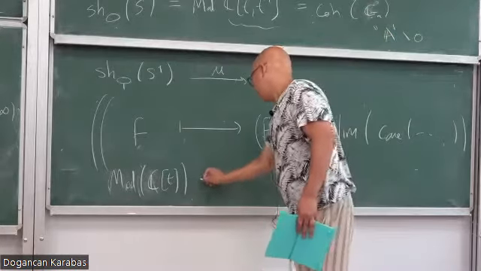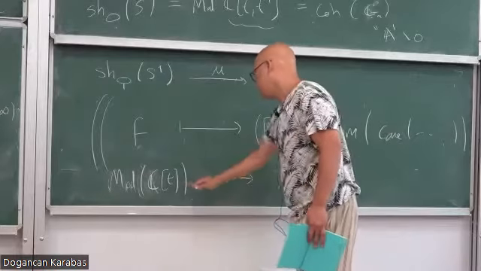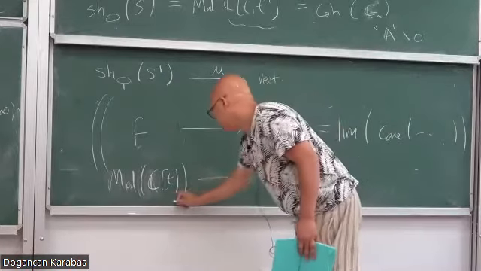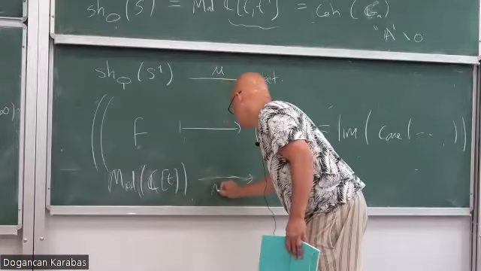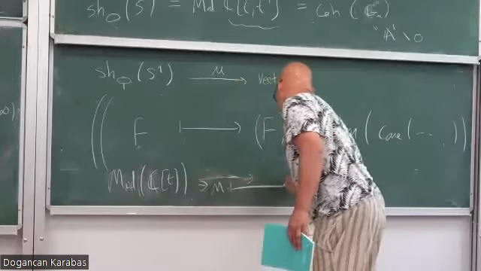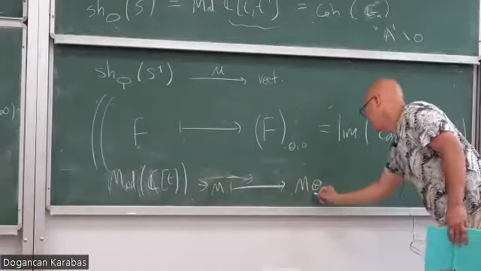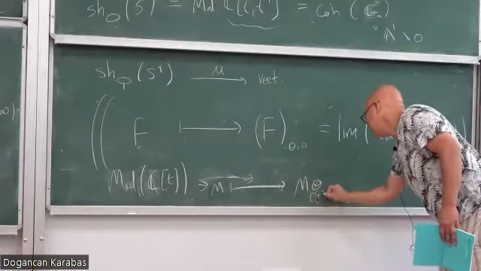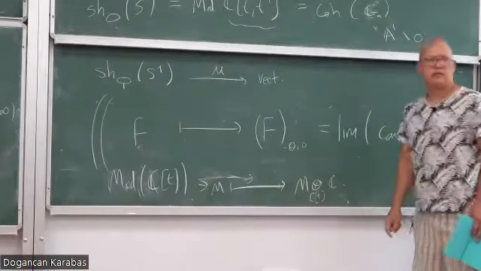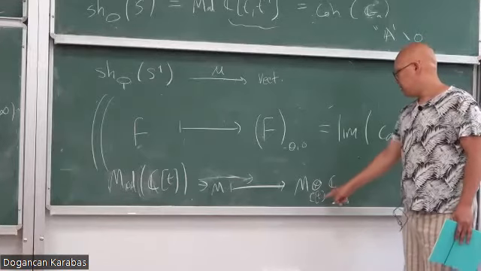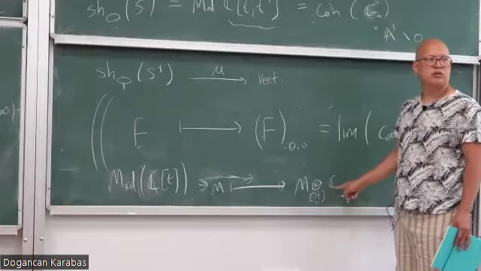And I claim that this map, in terms of mod C[T], sends a module M to M tensor over C[T] with C. Okay, and the map from C[T] to C is sending T to 0.